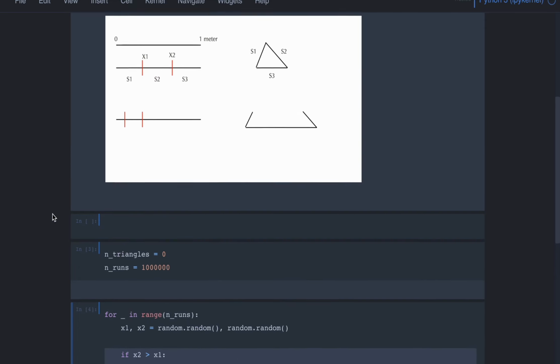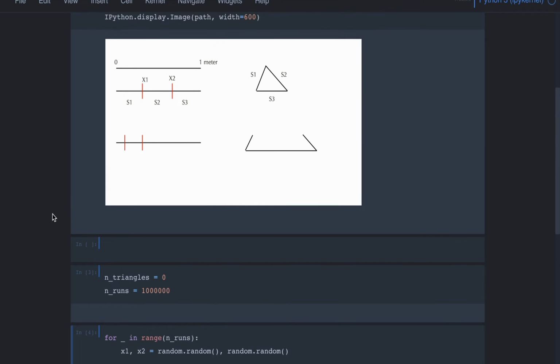Now, we need to check if these three lengths or segments can form a triangle. For three lines to form a triangle, the condition is that the sum of every two segments should be greater than the third segment.